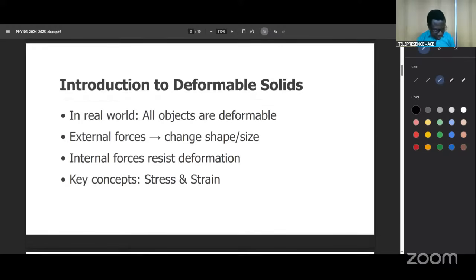So the internal force developed within the material arises from interaction between the atoms and molecules of the material, and it resists the applied external force. Therefore, the internal forces are responsible for, one, maintaining the structural integrity of the material.